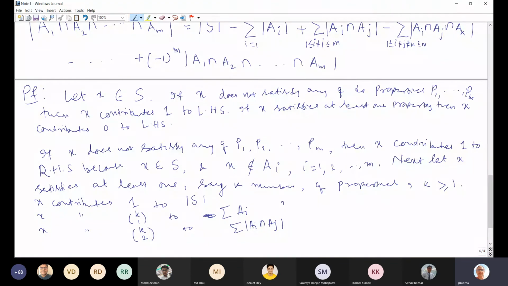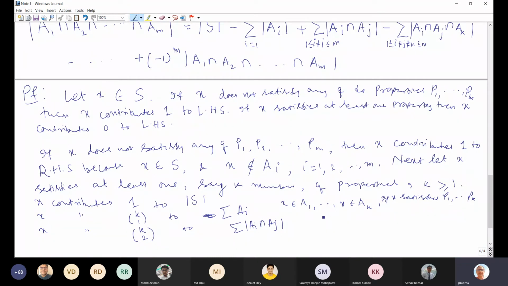So in that case, x will be in A1 up to Ak, if it satisfies the properties P1 to Pk. If x satisfies k number of properties, then this is what you are getting.